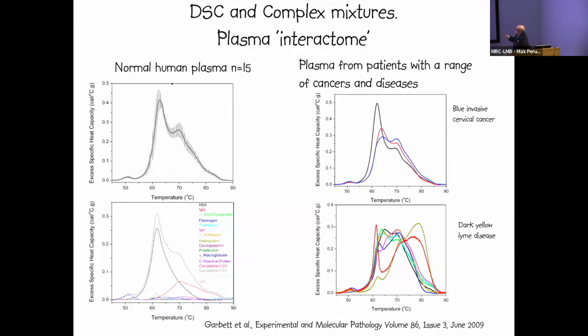Here, in the case of the blue trace, this is a patient with cervical cancer, and then the dark yellow trace here is somebody with Lyme's disease.